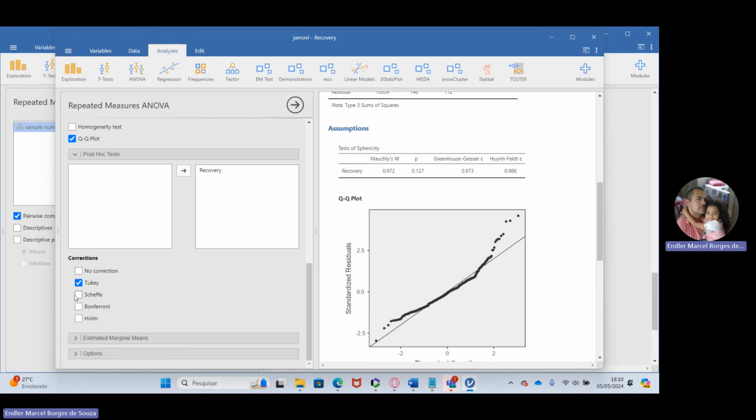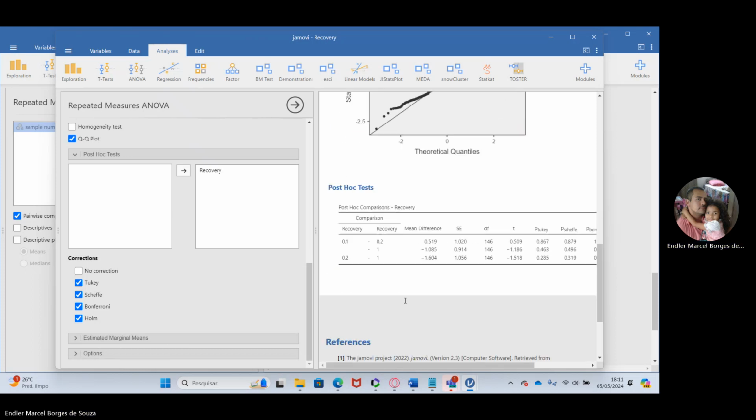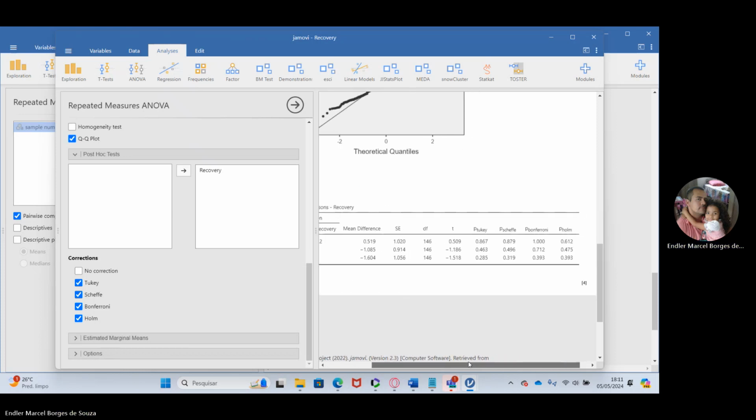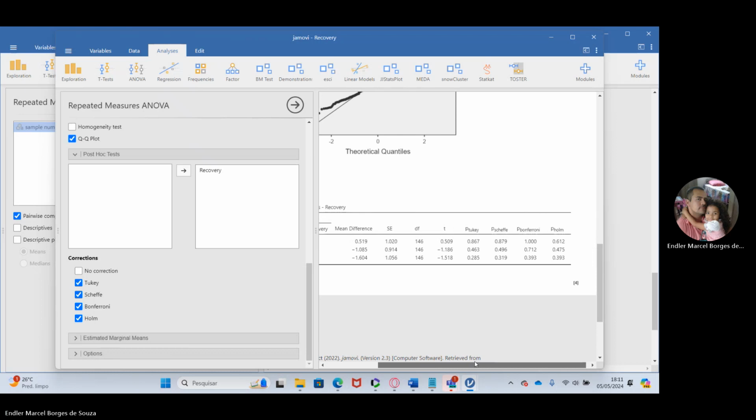So I can use the Tukey, Scheffe, Bonferroni, and Holm post-hoc tests. I chose four options of post-hoc tests using Jamovi. The four post-hoc tests showed that there is no difference between recovery and fortification levels. The recovery that I get in the three fortification levels is equivalent.